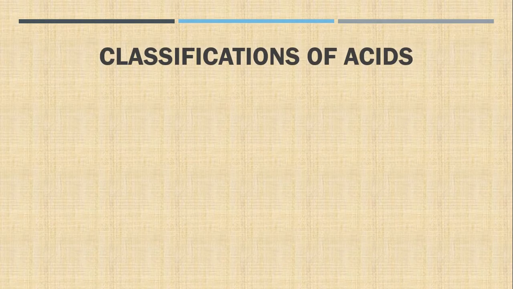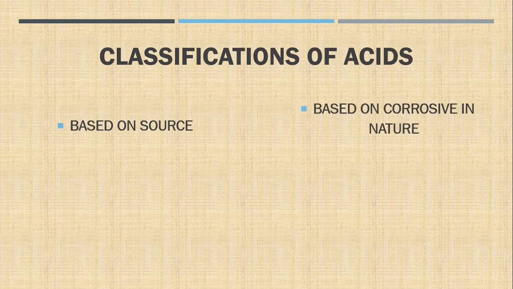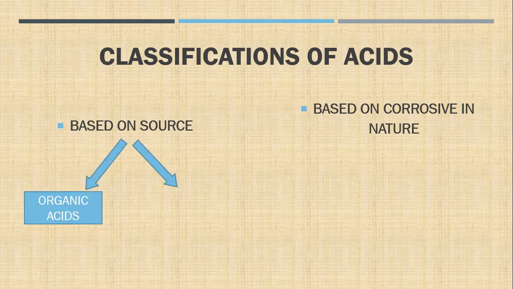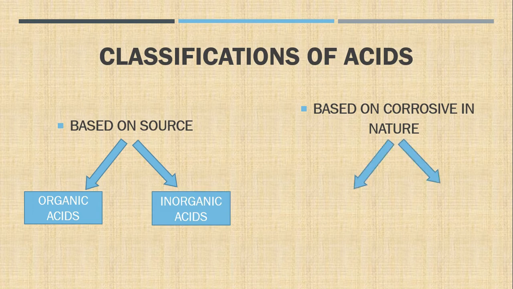We have also discussed the classification of acid. Acids can be classified based on source and based on corrosive nature. Based on source, they are organic acid and inorganic acid, and based on corrosive nature, we can classify them as weak acid and strong acid.